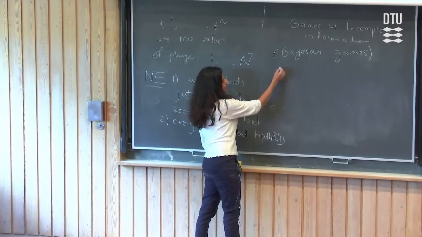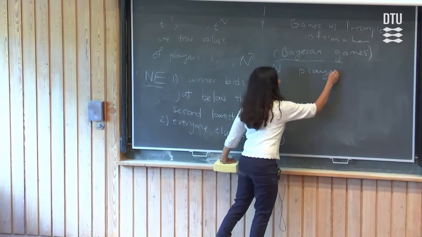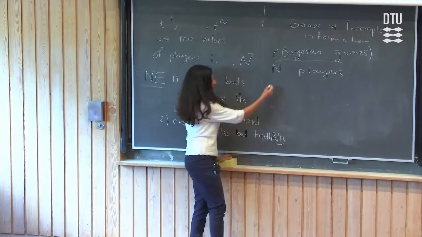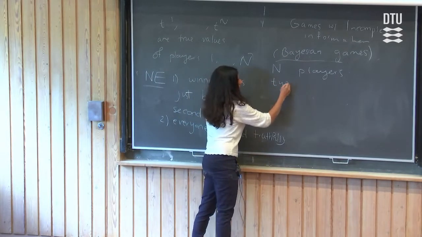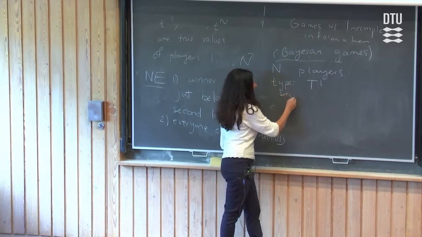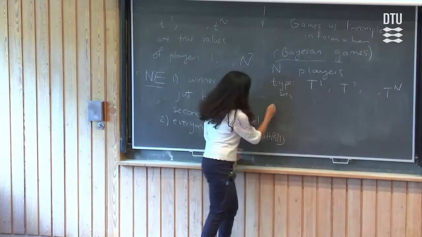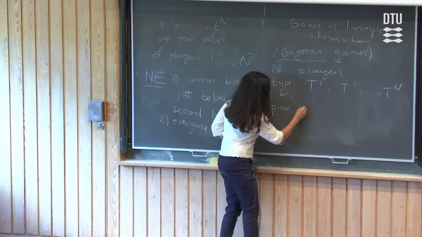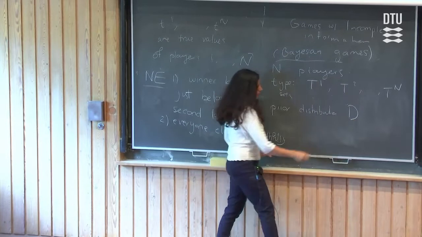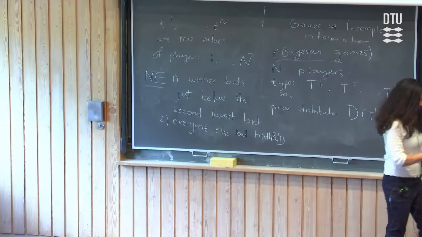Briefly talk about it. Just like before, we have n players. I'll try to wrap up quickly, but just give you the tools so that you can analyze this. We have type sets T1, T2 for each player, and a prior distribution on types, a probability distribution D on T1 to Tn.